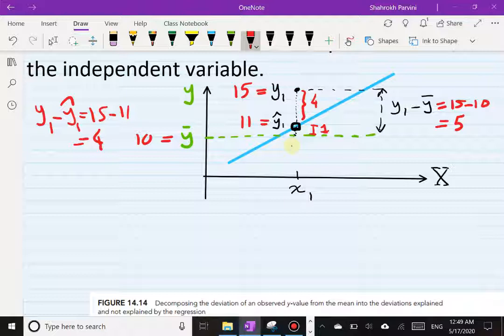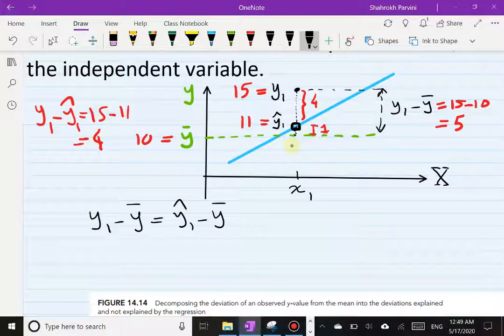So let me now write the overall deviation. In effect, I've partitioned the deviation y1 minus y bar as y hat 1 minus y bar, that's from the regression line to the mean, plus y1 minus y hat 1, from the observation to the regression line.